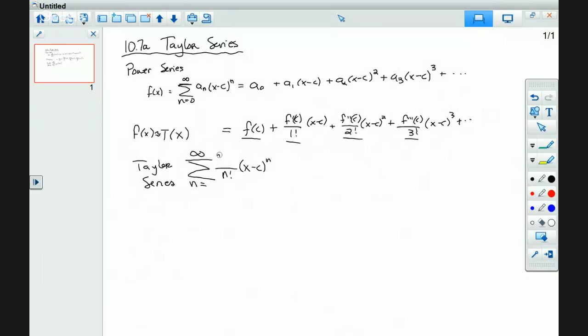The nth derivative of f of x at c. The nth derivative of f, so the zeroth derivative at c over 0 factorial. The first derivative at c over the first factorial. Second derivative at c over the second factorial. See how the pattern develops there, okay? So it's not a whole lot different than what you've had, okay?